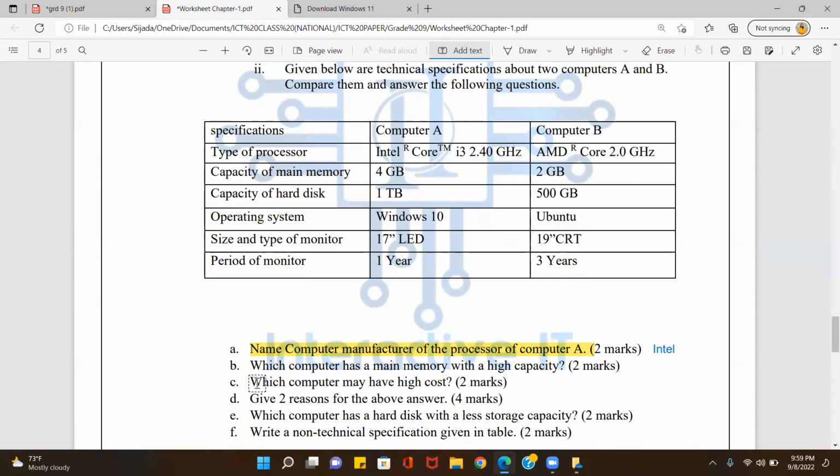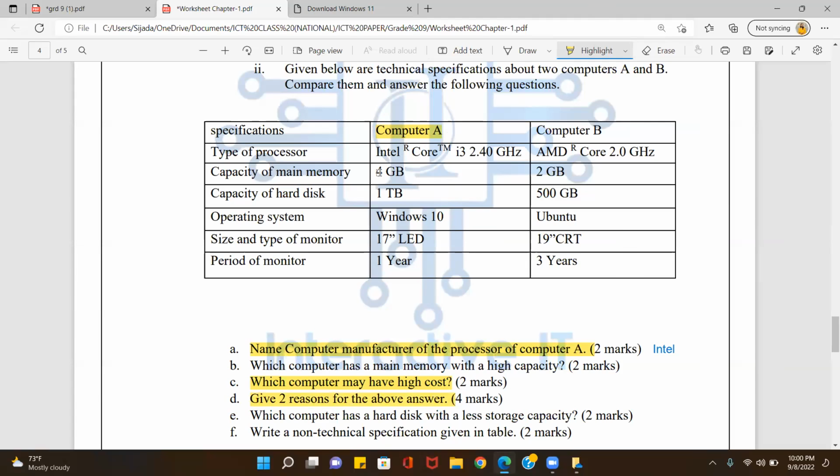They are asking which computer may have higher cost. That means they are asking which computer is costly. Is it computer A or computer B? Computer A is the costly one. What is the reason computer A is costlier?